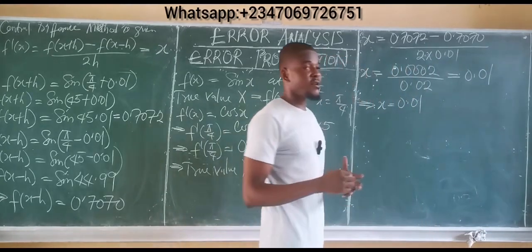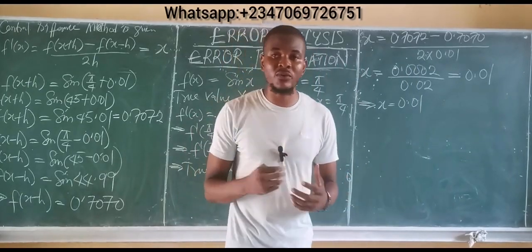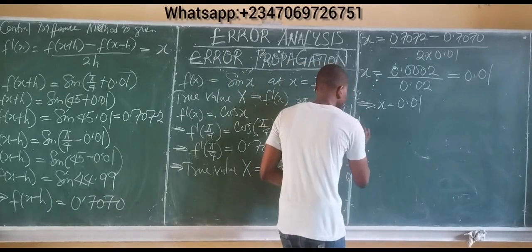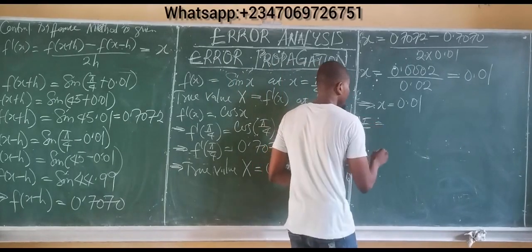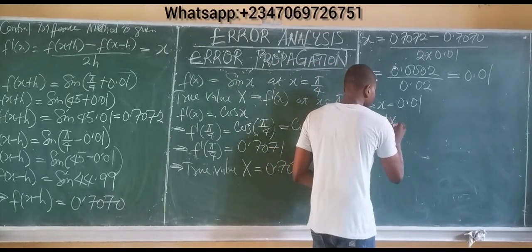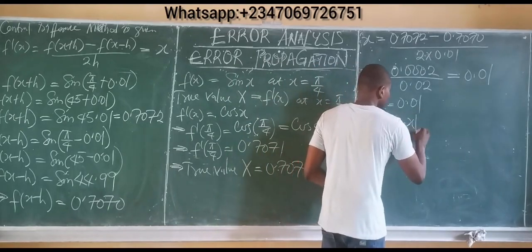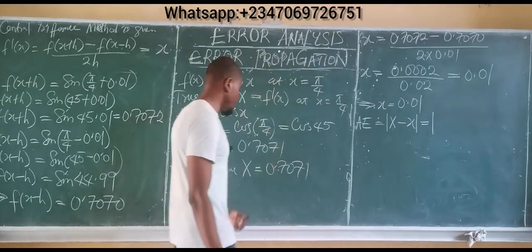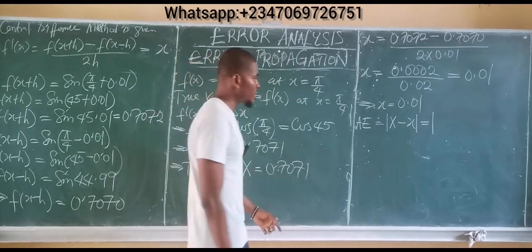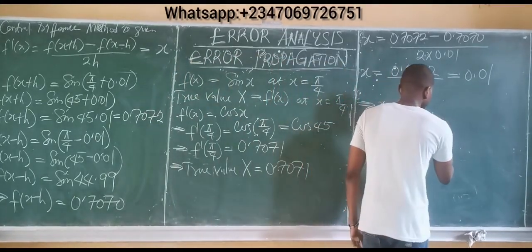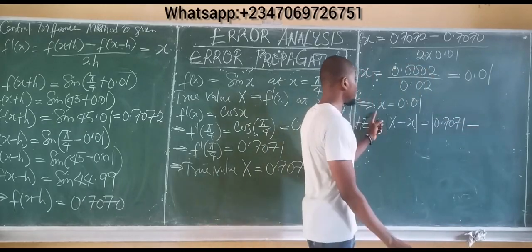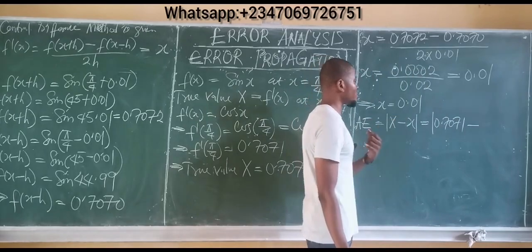Now, having found your true value and your approximate value, let's start our error calculation. We start with the absolute error. The absolute error, remember, is the modulus of the true value minus the approximate value. The true value is 0.7071, so you plug it in: 0.7071 minus the approximate value, 0.01.